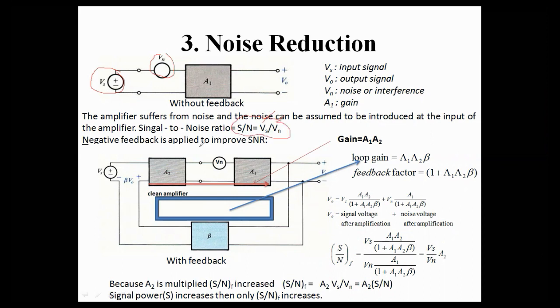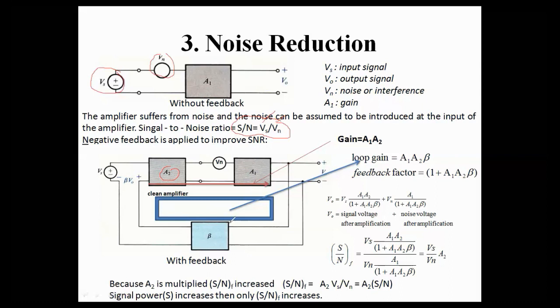Now, after applying the feedback, I am going to cascade one more amplifier, a clean amplifier A2. Vs is the signal voltage, Vn is the noise voltage. The signal voltage is amplified by amplifier A2 as well as A1, but the noise voltage is only amplified by A1.